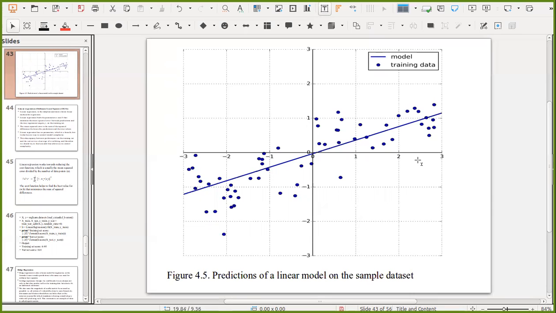So we give some values of X and Y, which are already existing values, and we simply want to calculate the coefficient and the other attribute.